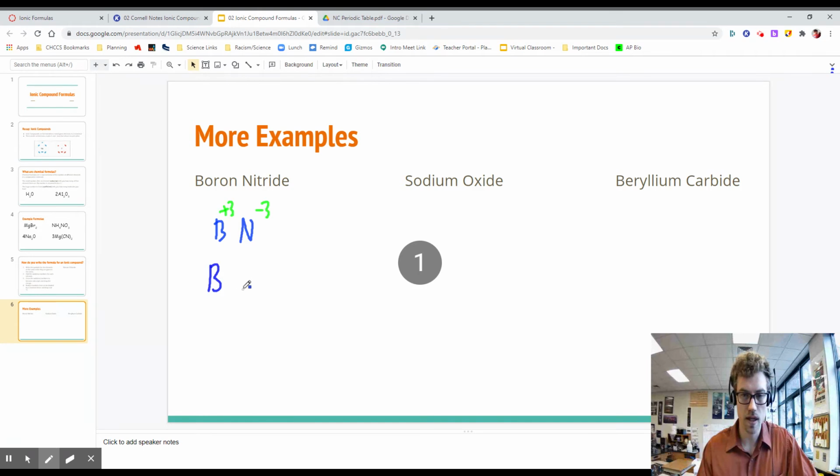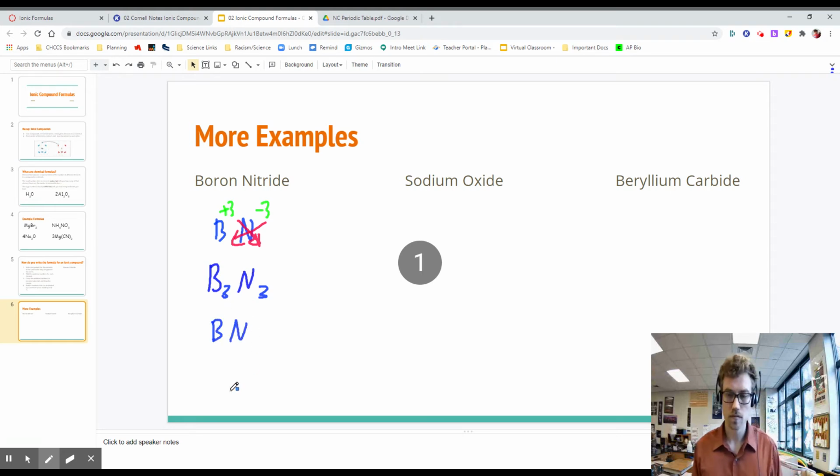All right, we'll rewrite it down below. We've got boron, and then we've got nitrogen. We're going to cross the oxidation numbers. So this is going to be B3N3. And again, here, right, we want to reduce them. So because we can divide both of these by 3, this is actually just going to be BN.